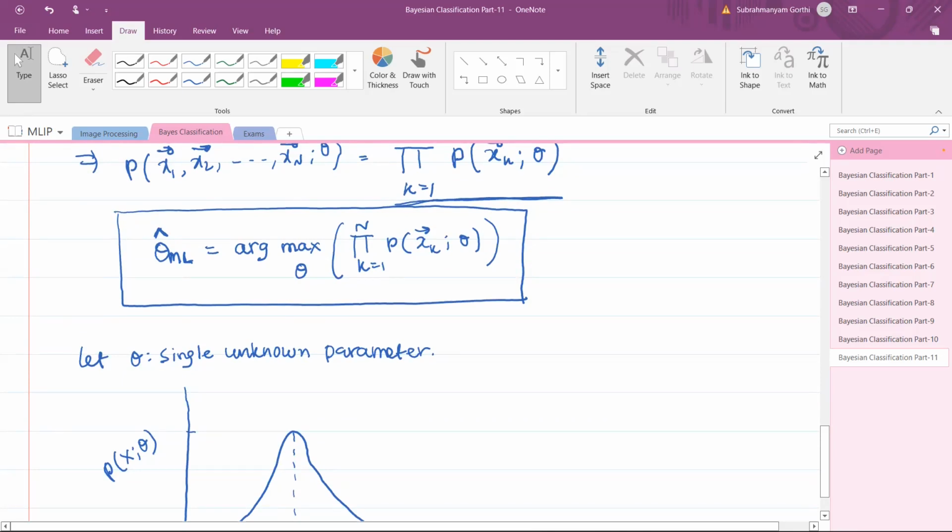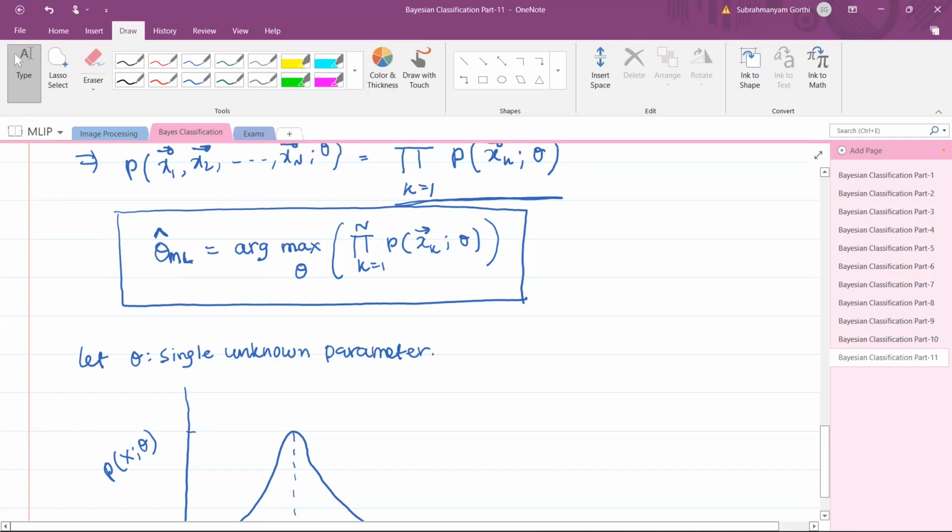But here, keep in mind that the very implicit assumption is that you already know the type of distribution. You do not know its parameter values, but you know how it is parameterized, whether it's a Gaussian, Dirichlet, exponentially decaying, Poisson, whatever it is, you know the type of distribution.